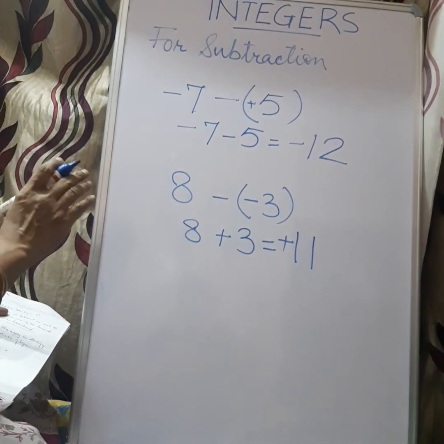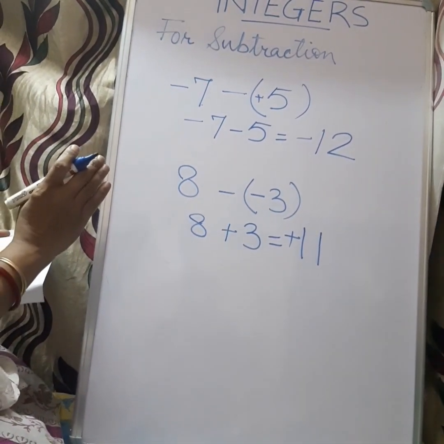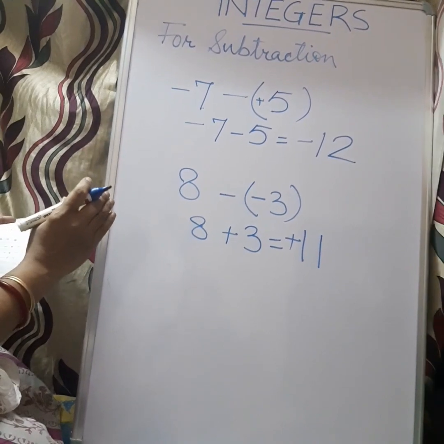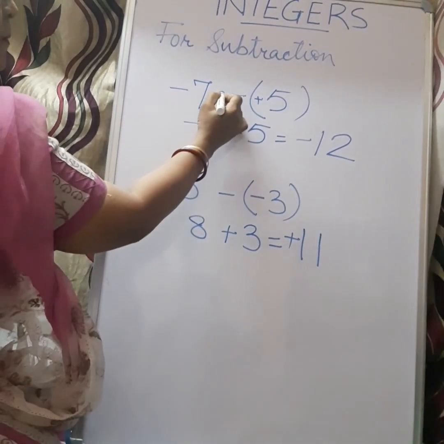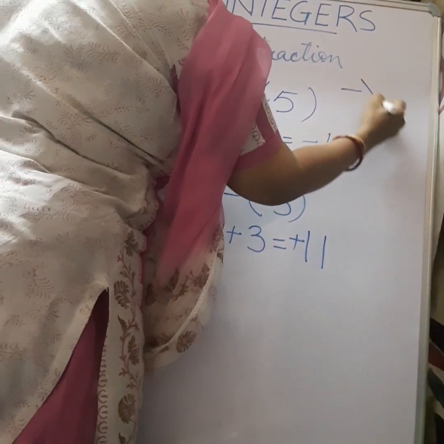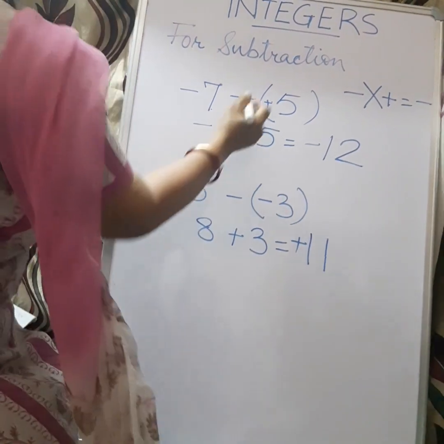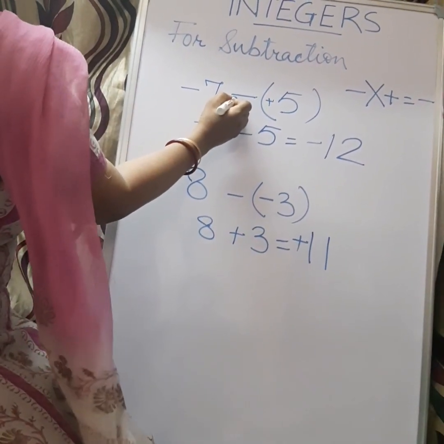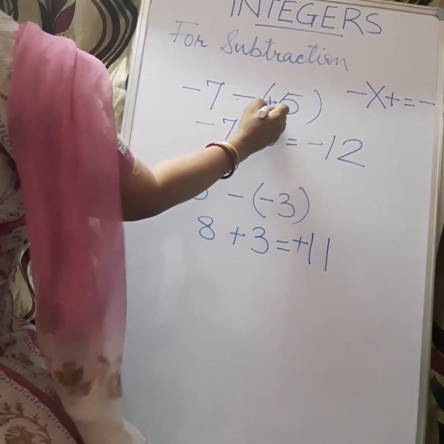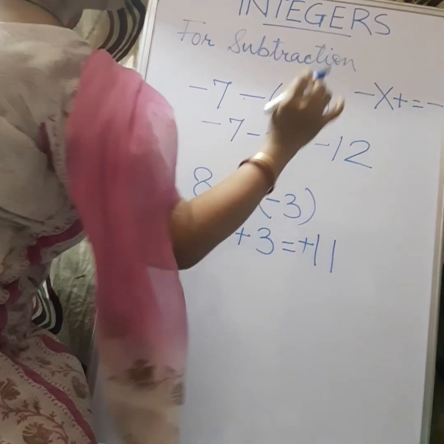Now here we use the strategy of multiplication. See how we are using multiplication. Multiplication says negative multiplied by positive is negative. So here outside the bracket it is minus and inside the bracket it is plus. So minus into plus is minus.